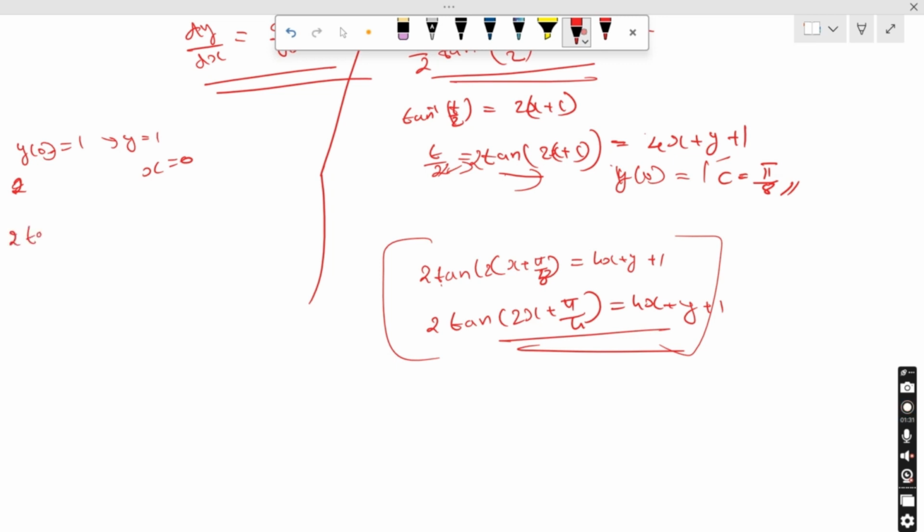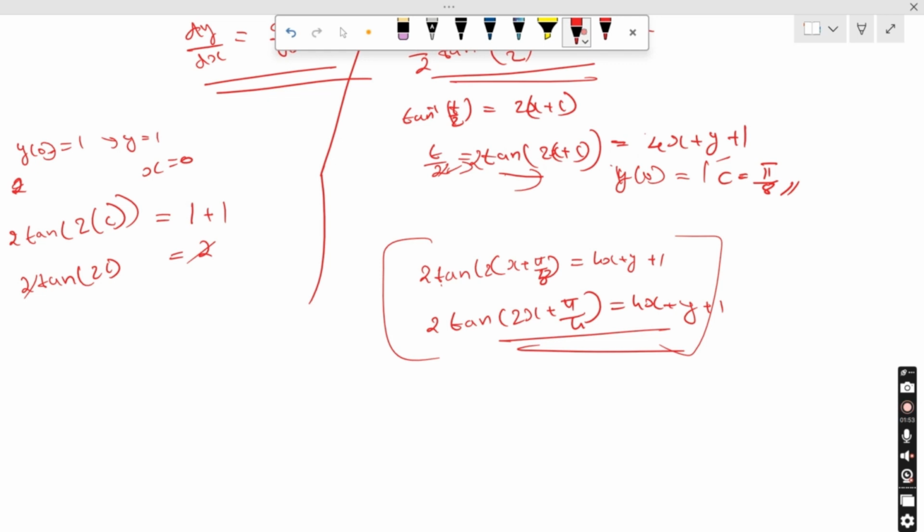So 2 tan of (2 into 0 plus c) equal to, with x equal to 0 and y equal to 1, 1 plus 1, which is 2. So 2 tan of 2c is equal to 2.